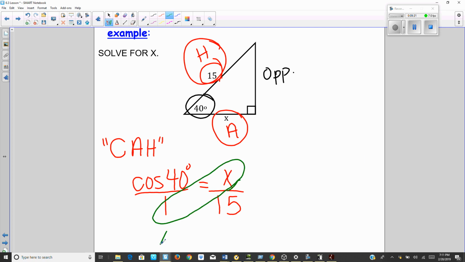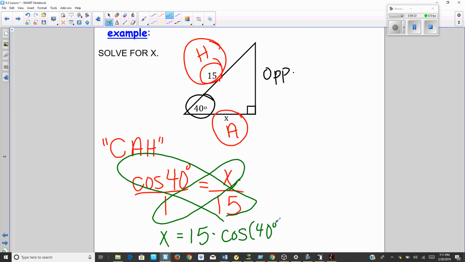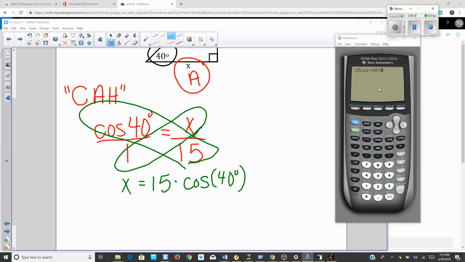This one's easier because x is on the top. So x is going to equal 15 times the cosine of 40. So again, make sure you put the 15 first when you do it in the calculator. So when we type in 15 times the cosine of 40, we get about 11.5.